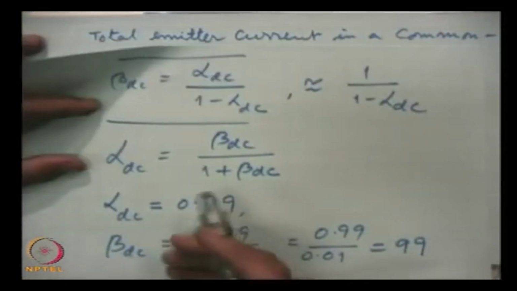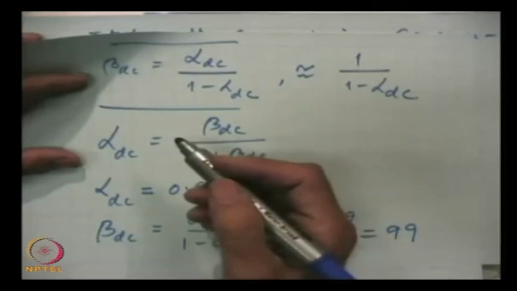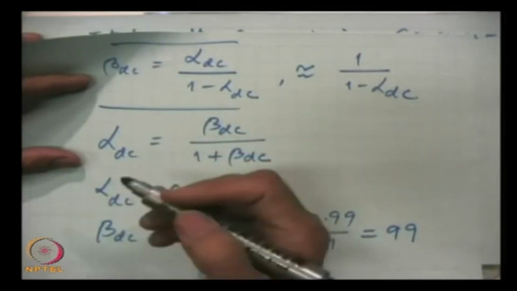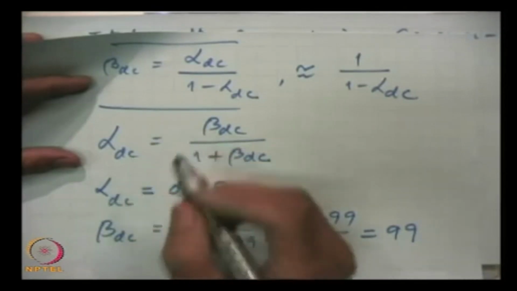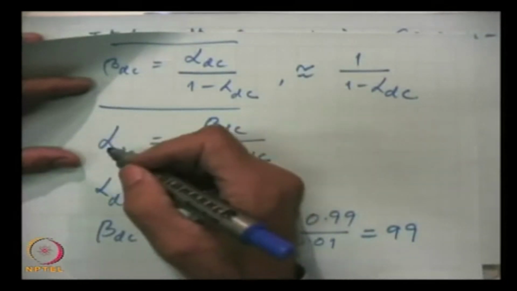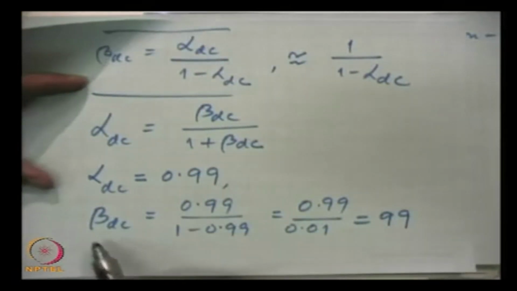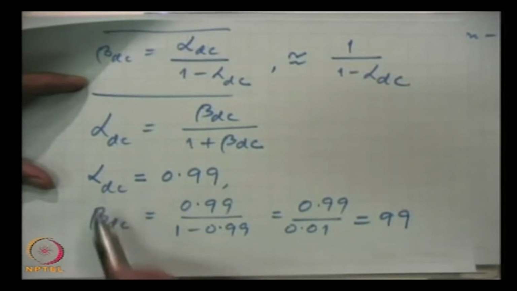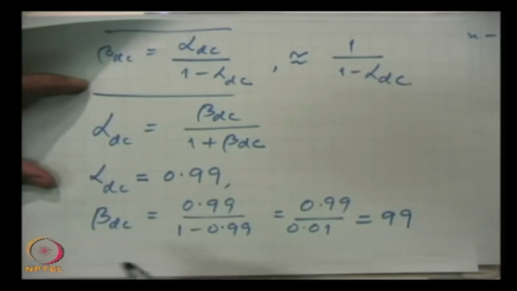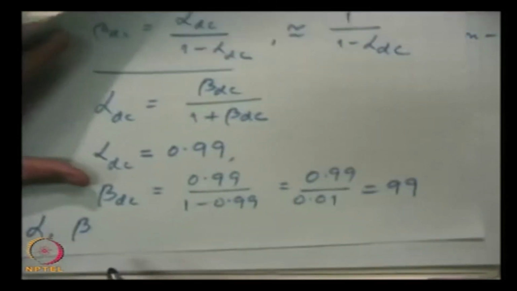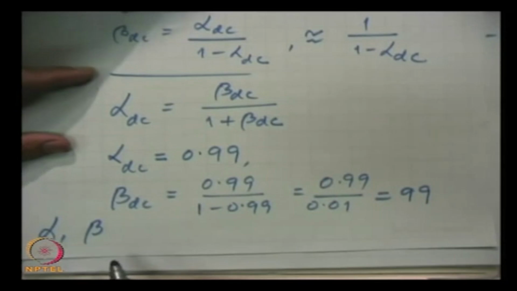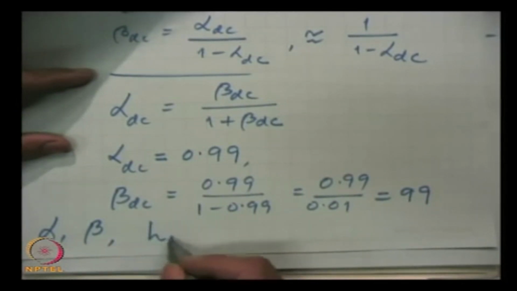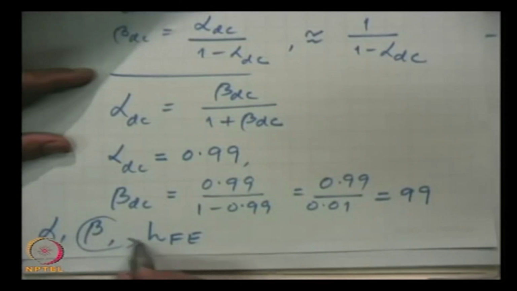When AC is superimposed on the circuit, for example, we are interested in the amplification of AC signals. So, the AC signal will be superimposed over DC, so then there will be a small variation in these values, and that is known as simply beta or alpha, and when we talk of H parameters later, then beta is the same as HFE. This is the forward current gain in the common emitter circuit.